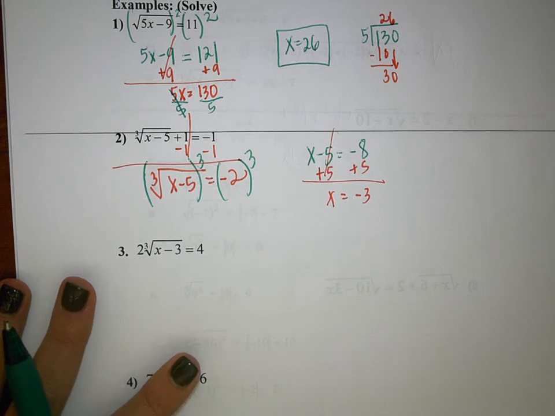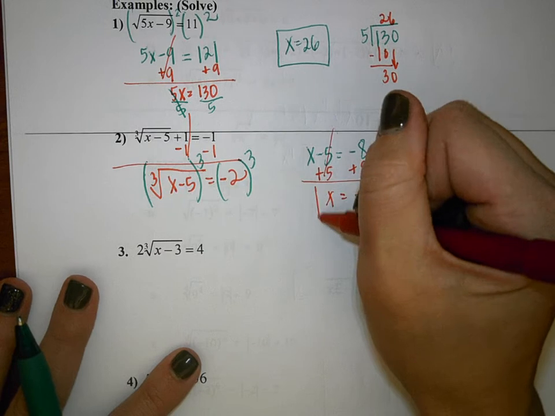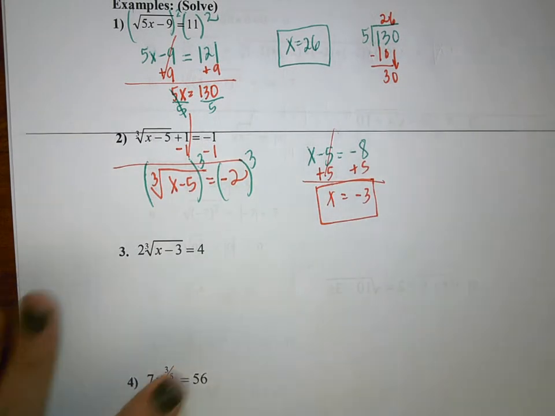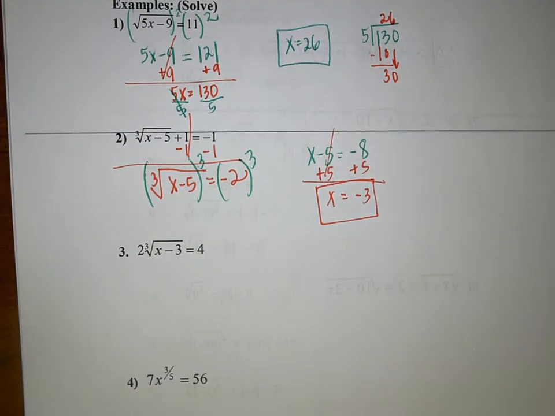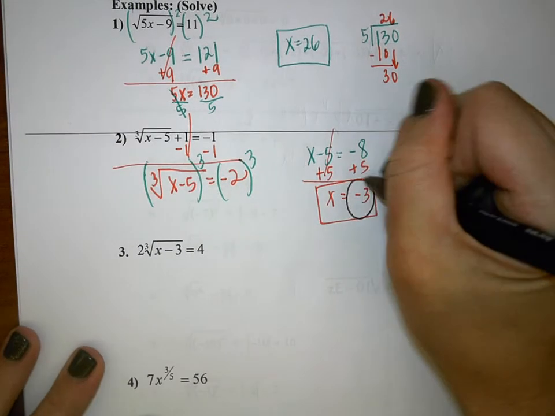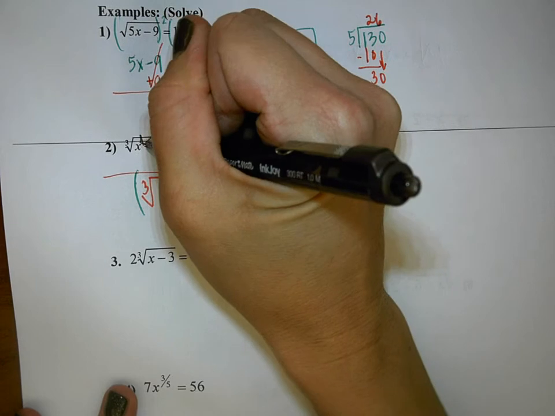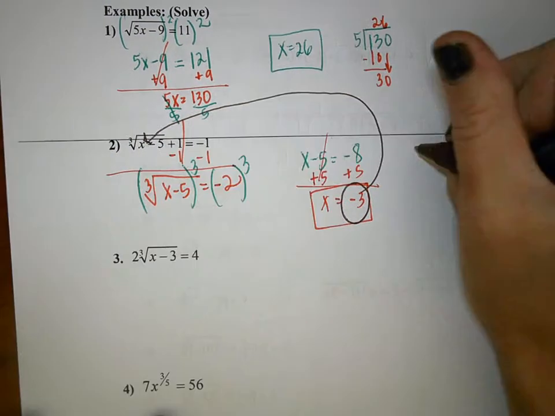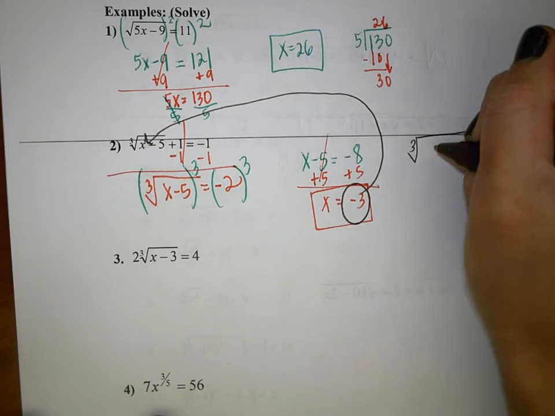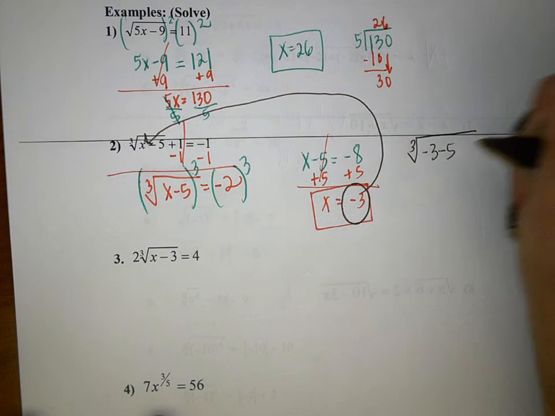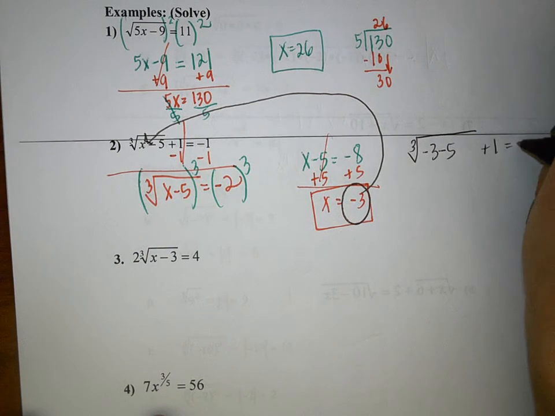Okay. How do you check your answers? So let's just check this one for fun. Because I know this stuff is really fun. So I'm going to take that -3 and I'm going to plug it into this root right here for x. So that means I have the cubed root of -3 minus 5, plus 1 equals -1.